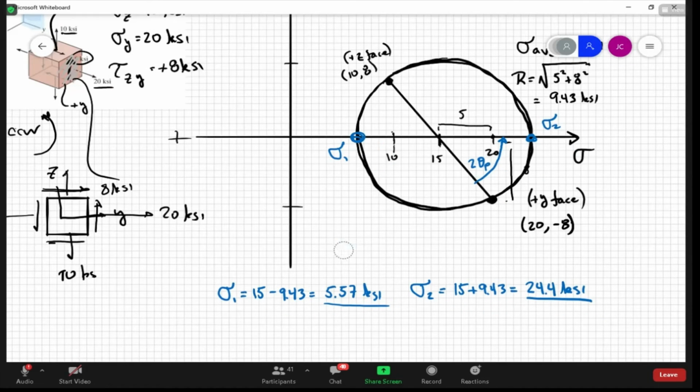The angle 2 theta principal is the inverse tangent of the rise, which is 8, over the run, which is 5.